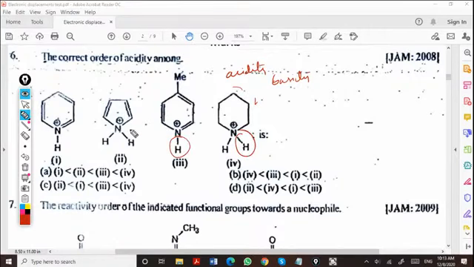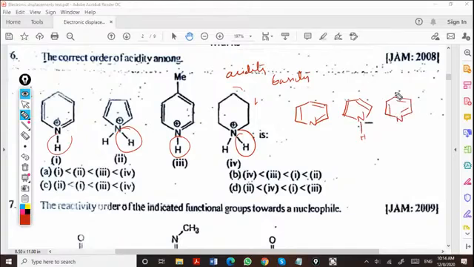I'm removing H plus. So it's going to become this is pyridine, and this is pyrrole, and this is N-methyl, sorry, aromatic pyridine, and this is pyrrolidine.